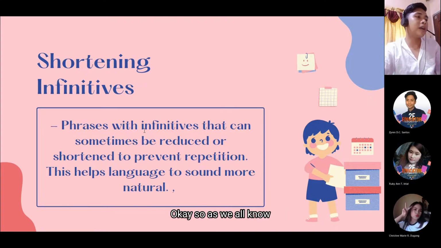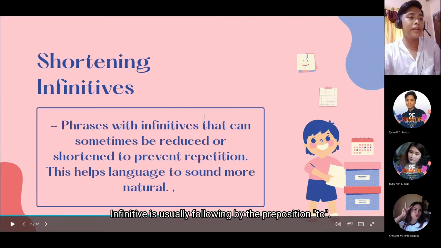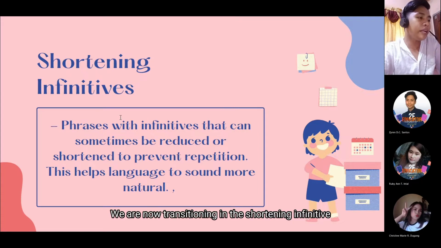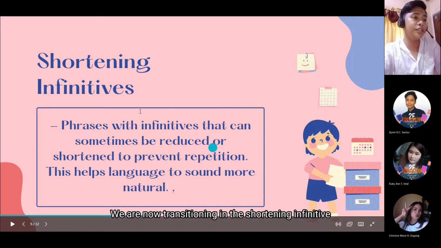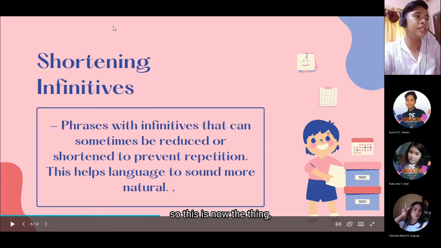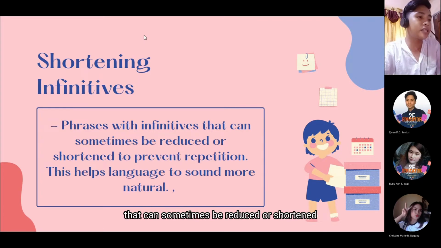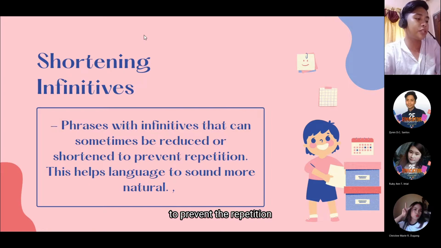As we all know, infinitives are usually followed by the preposition to or another verb form. For today, we are transitioning to the shortening infinitive. What is the shortening infinitive? The shortening infinitive is a phrase with an infinitive that can sometimes be reduced or shortened to prevent repetition.